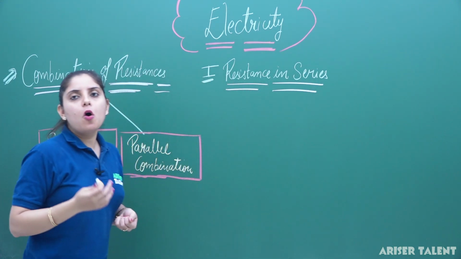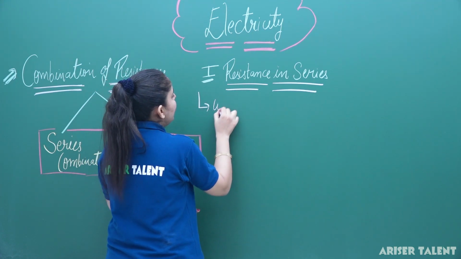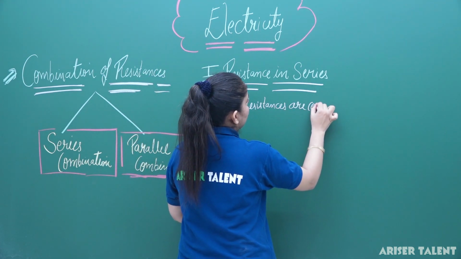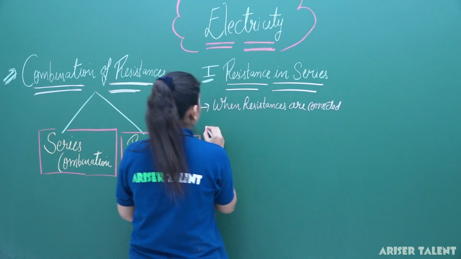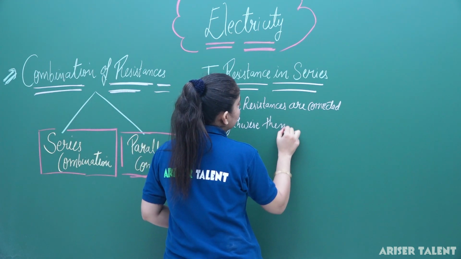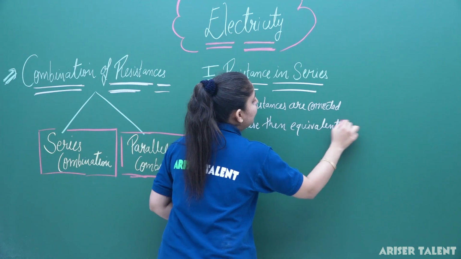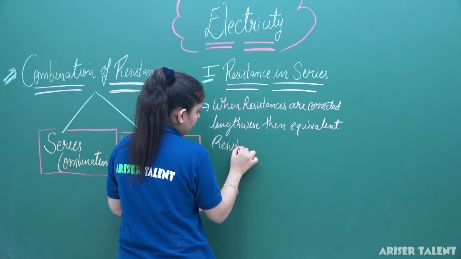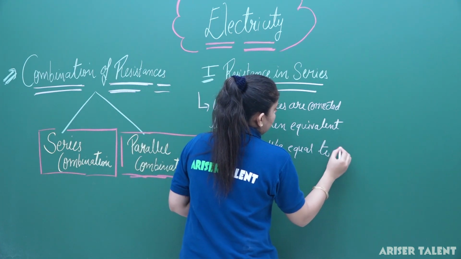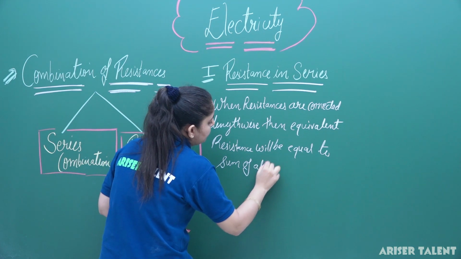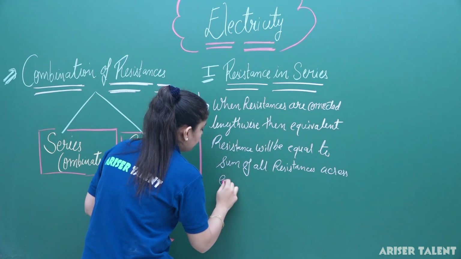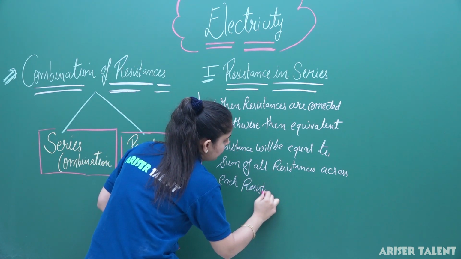The law of series combination of resistance states that when resistances are connected lengthwise, meaning in a series manner, then the equivalent resistance or total resistance will be equal to the sum of all resistances across each resistor.